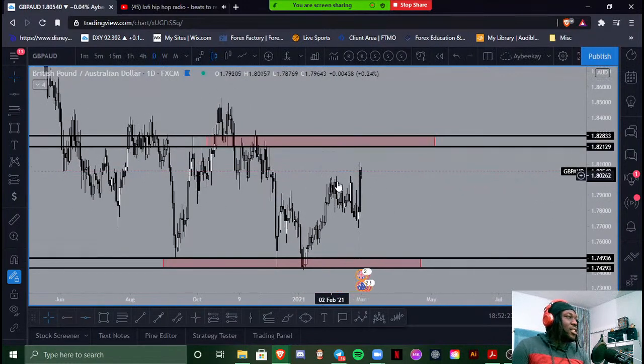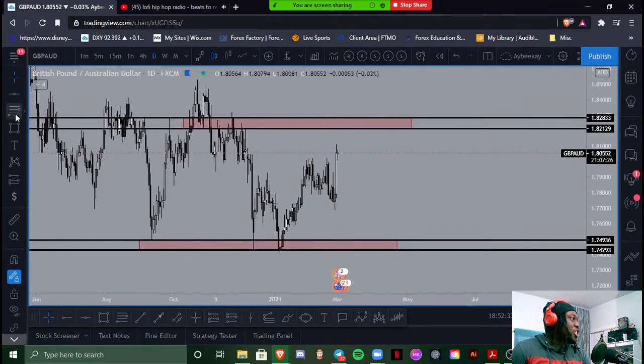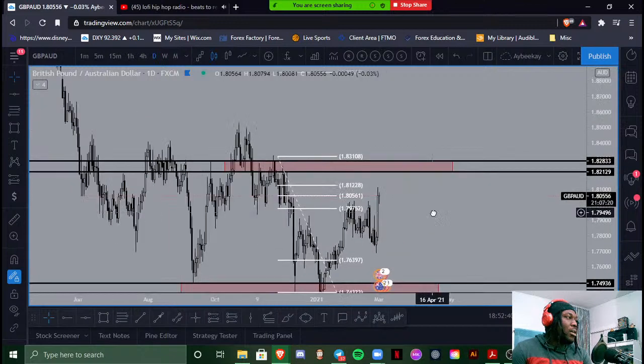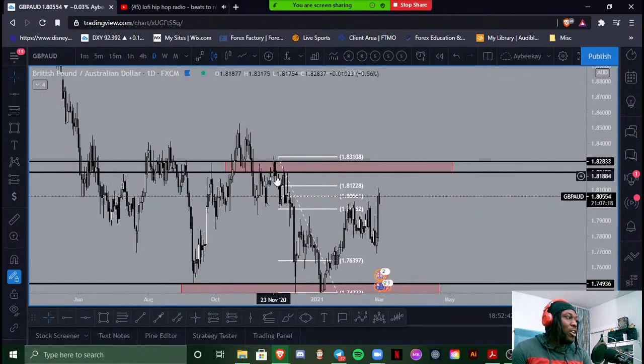Realistically, this is still in no man's land if you're coming from this demand zone to this supply zone over here. But I'm literally getting the retracement from this push, from this high to this low. Price hasn't made a higher high on the daily time frame.